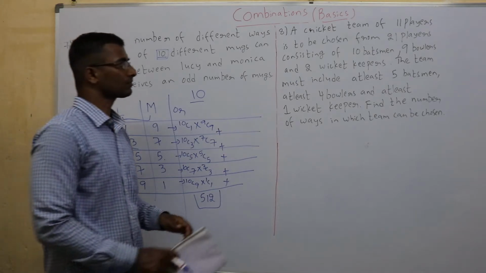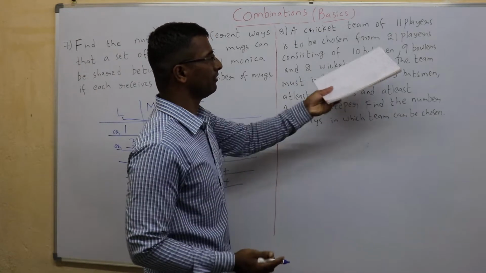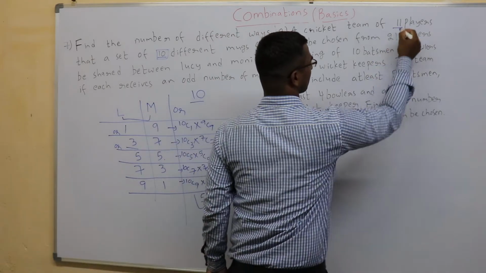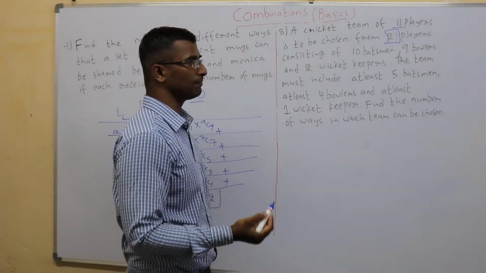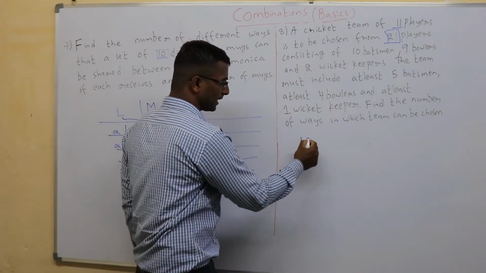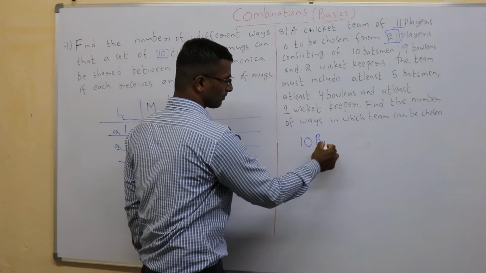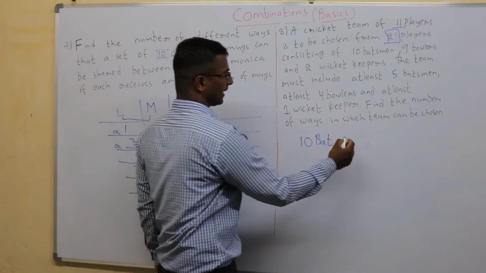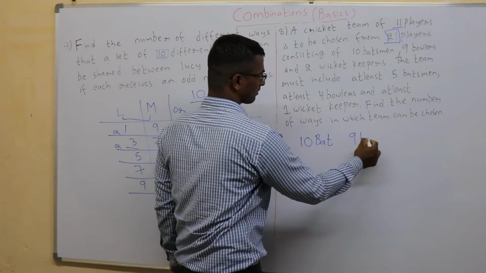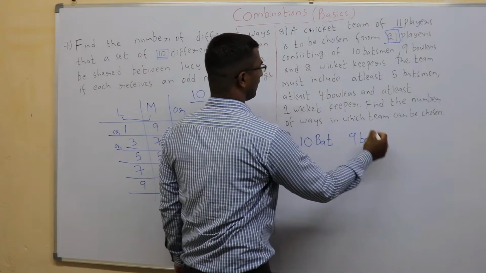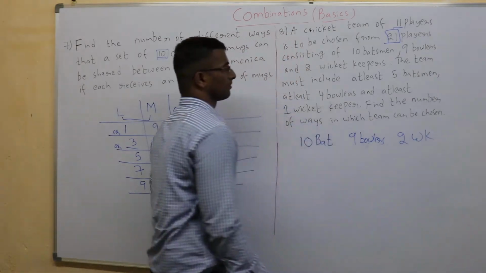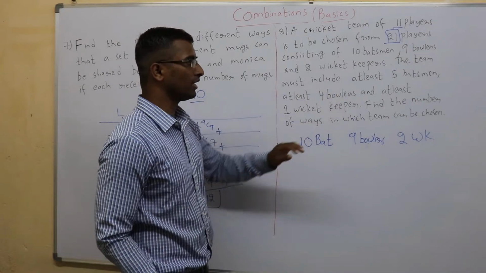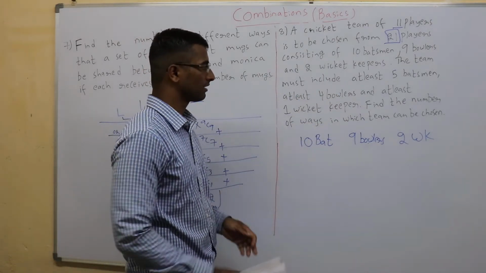Next one. A cricket team of 11 players is to be chosen from 21 players consisting of 10 batsmen. Whenever you come across the data, write it down. There are 10 batsmen, 9 bowlers and 2 wicket keepers. The team must include at least 5 batsmen.